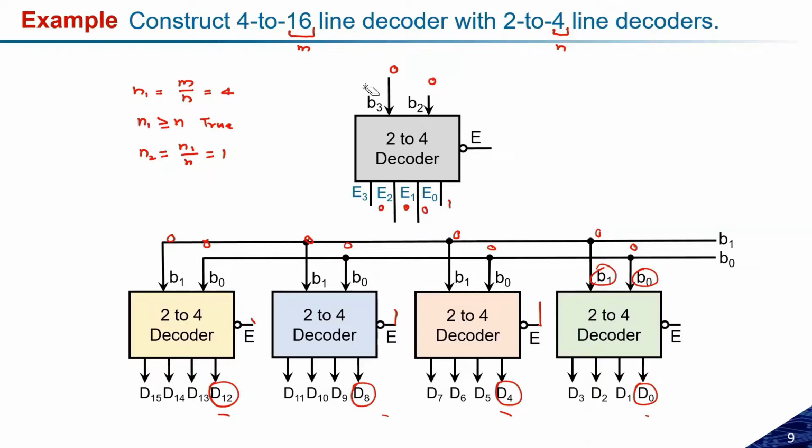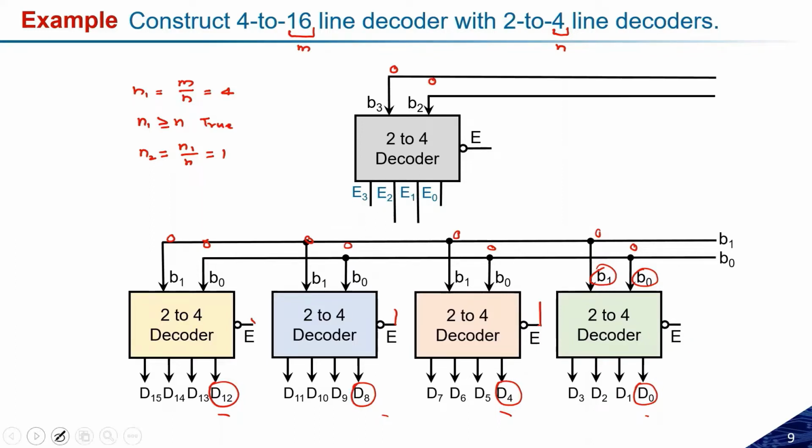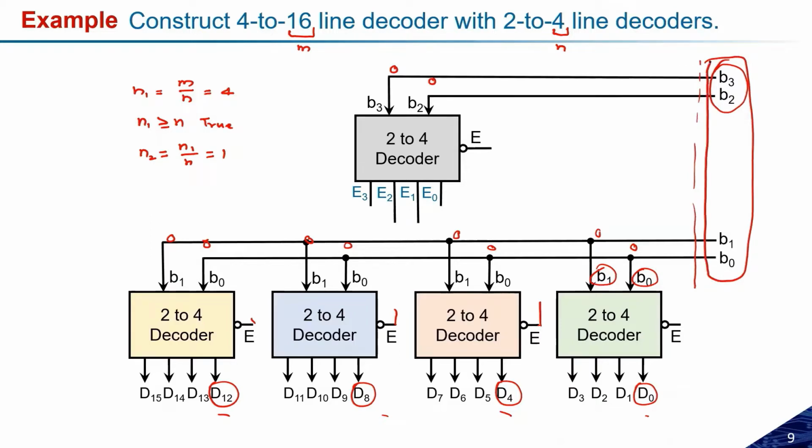And if this is 0, 1, 1, 0, accordingly E0, E1, E2 and E3 will be selected. Here B3 and B2 are the 2 more inputs, and in total we are getting 4 input bits, B0, B1, B2 and B3. So this is the input we are getting, and these are the outputs.